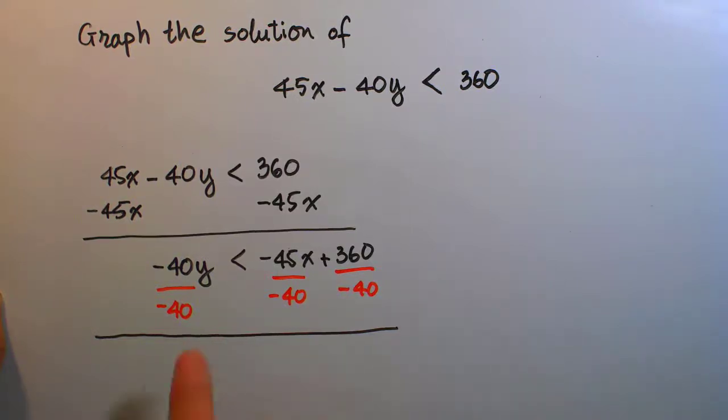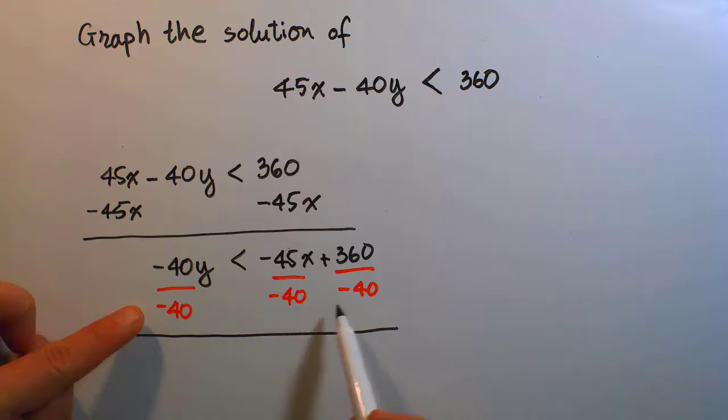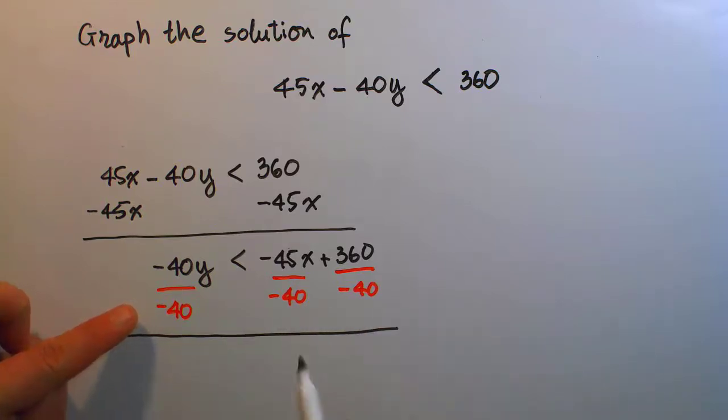When dividing both sides, or sometimes multiplying both sides by a negative, we actually need to change the inequality in the following step. For now, just laying it down, the plan here is to divide both sides, throughout all terms, by the negative number. So negative 40 on the left hand side cancels with negative 40, giving me y.